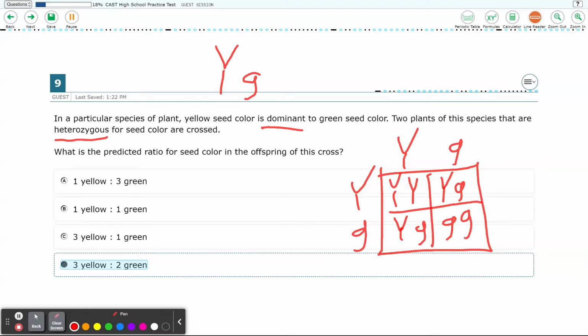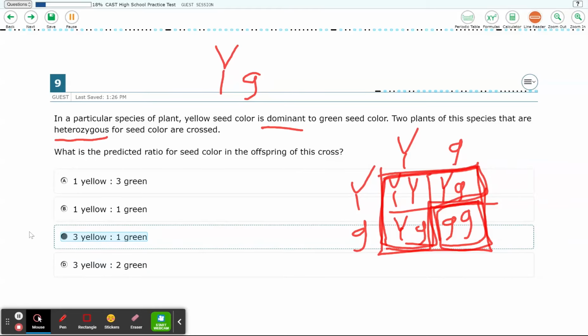Well, since yellow is dominant, all of these will look yellow, and only this one will have a green color. So that is a 1 green to 3 yellow ratio. So here we see 3 yellow to 1 green. So C would be our correct answer.